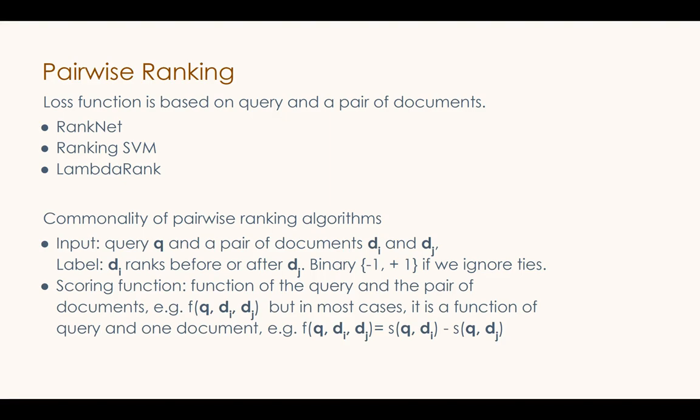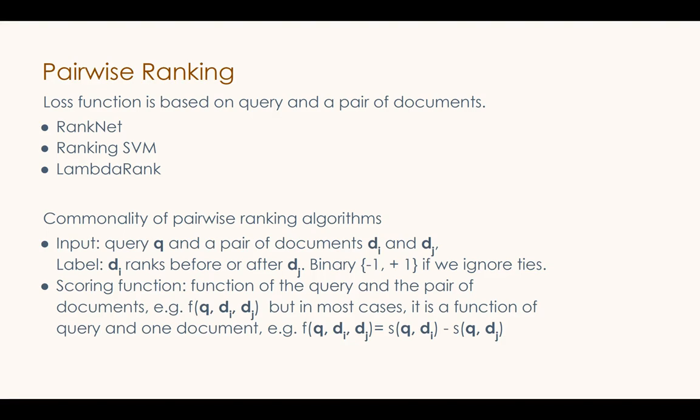The commonality of the pairwise ranking algorithms is this. The input is a query and a pair of documents. When we put the label, we do not label the document itself, we label the pair. For example, if D_i ranks before D_j, we put -1, and if the other way around, we put +1 as the label.